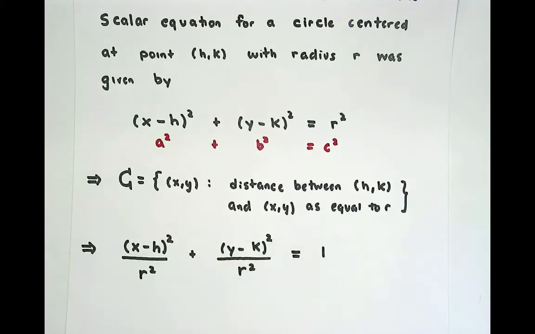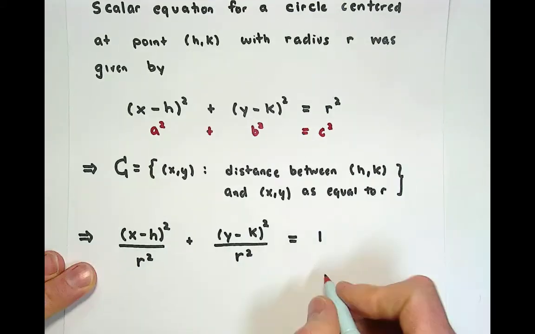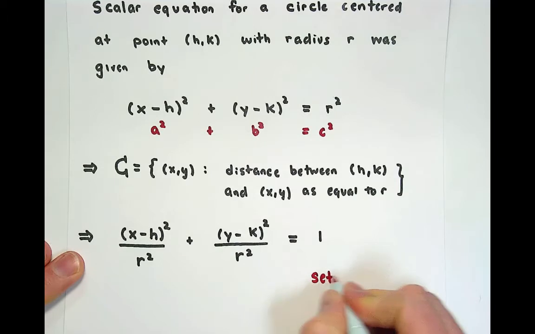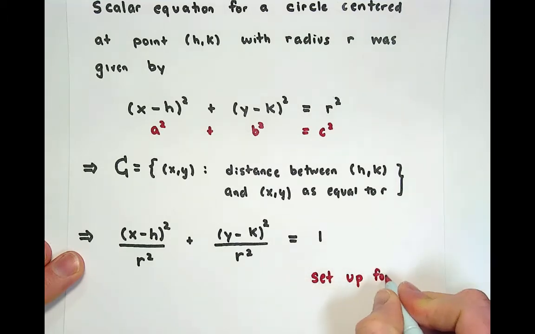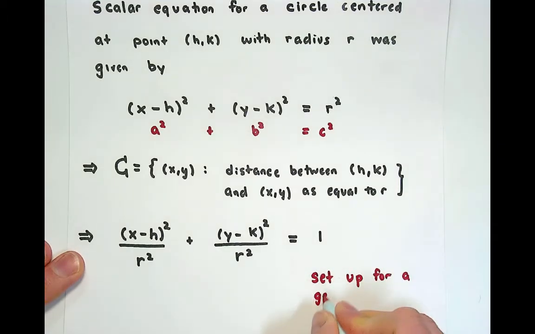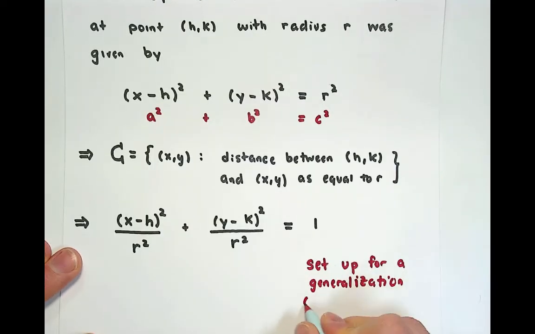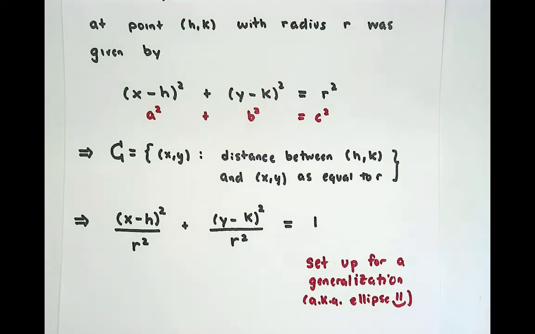In this video, we'll see more of this. This is a setup for a generalization of a circle. Isn't that exciting? Which we call the equation for an ellipse. Yay! We'll see that in just a bit.